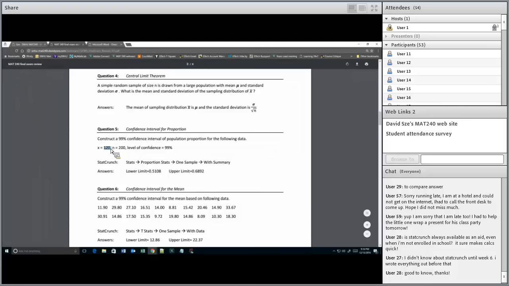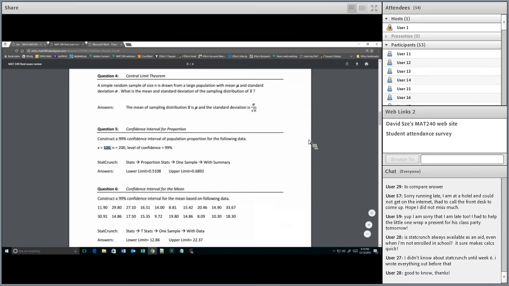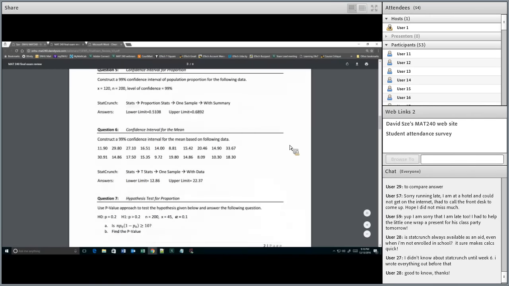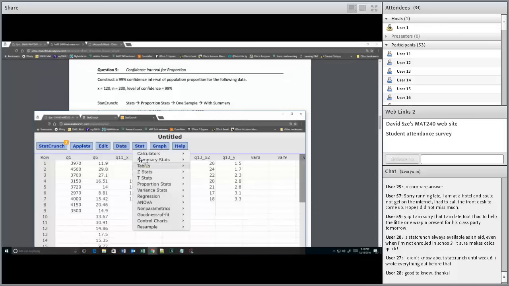But that's not enough. You have to create a 99% confidence interval. So let me show you how to do that. The way you do that is you go to Stat, Proportion Stats. Every time you want to do something with proportion, you go to Proportion Stats, and you only have one sample.